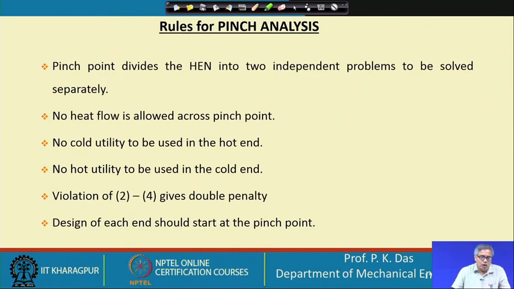So, rule of pinch analysis. Pinch point divides the HEN, heat exchanger network, into two independent problems to be solved separately. Just now whatever I have told and explained.